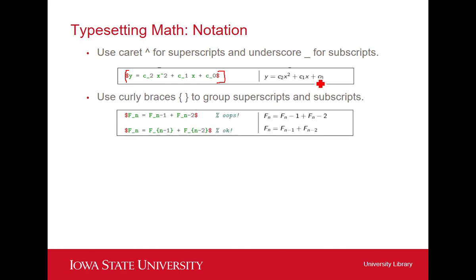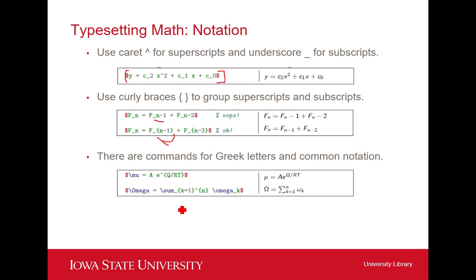If I wanted to group those subscripts and superscripts, you can use curly braces to group them. So in this example, f sub n minus 1, it doesn't know that I intended that minus 1 to be part of the subscript, and so it broke it out and just put it on the main line. If I wanted to group it, you can group it with curly braces. So you can group sub and super.